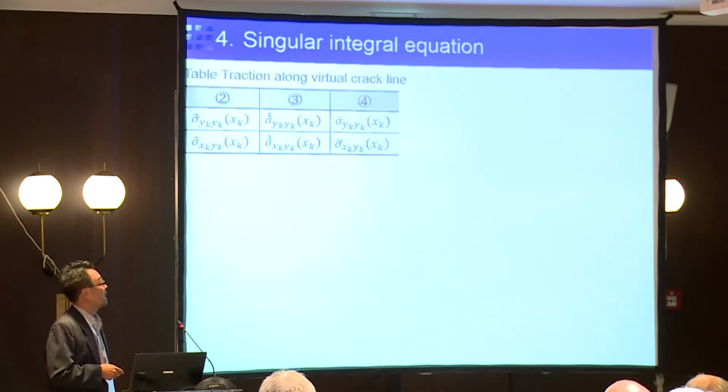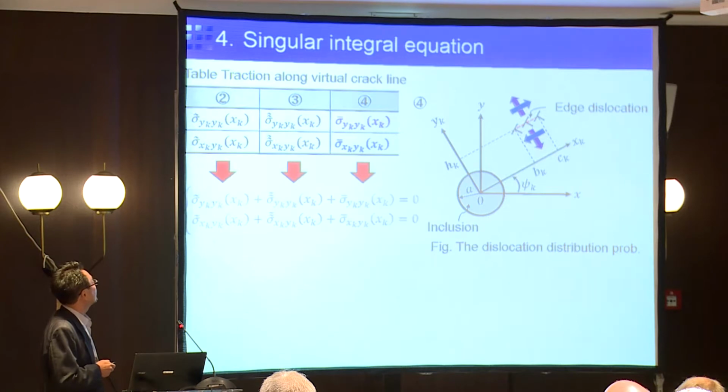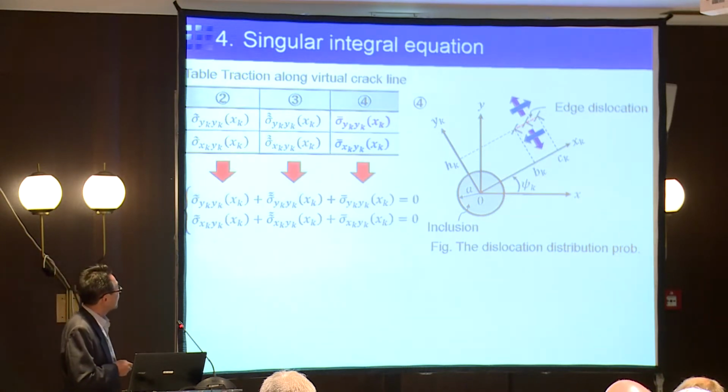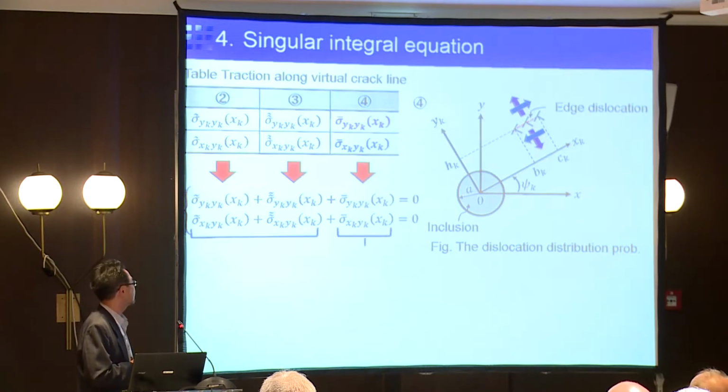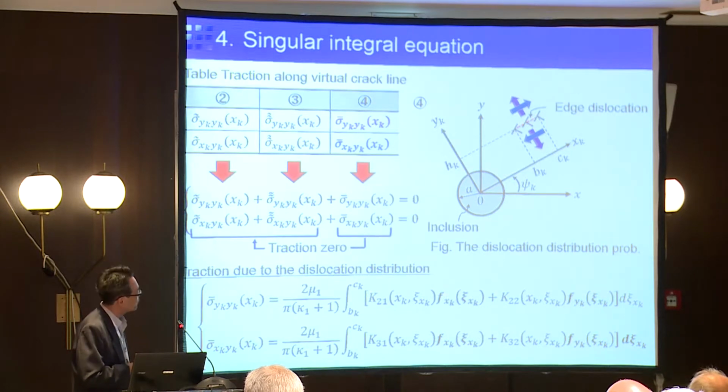The summation of the tractions around the crack line should be 0, implying a traction-free crack line. By doing that, we have the relational equations from here. In this relational equation, this term is very important because this is the traction caused by the dislocation distribution, which is expressed by this equation.